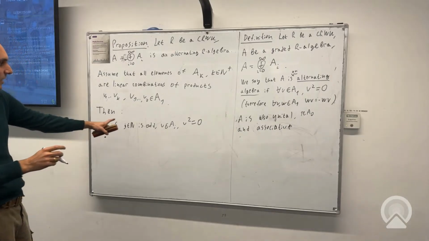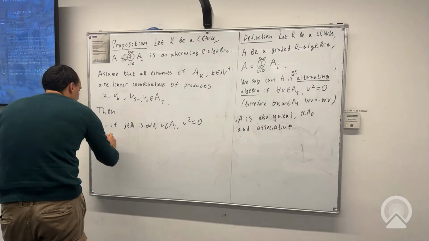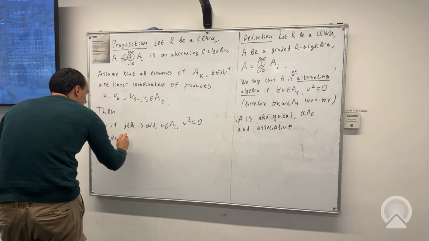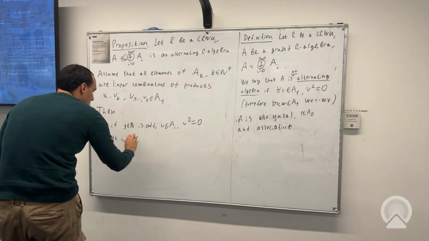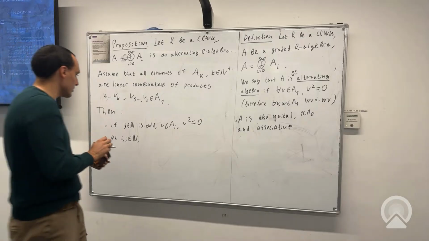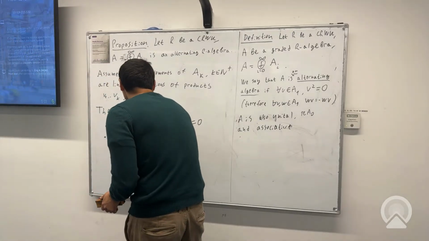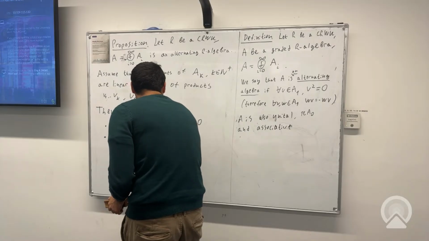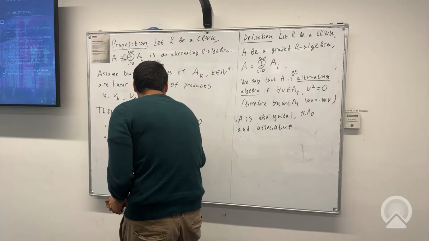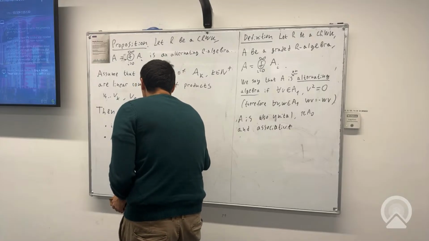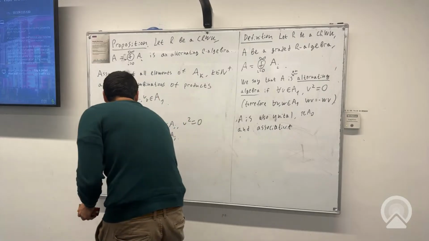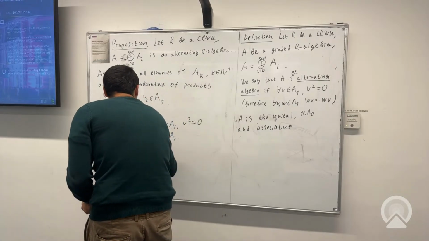So let i, j be in N, I don't know why I wrote this first, because it's a consequence of the other, and V is in A_i and W is in A_j.